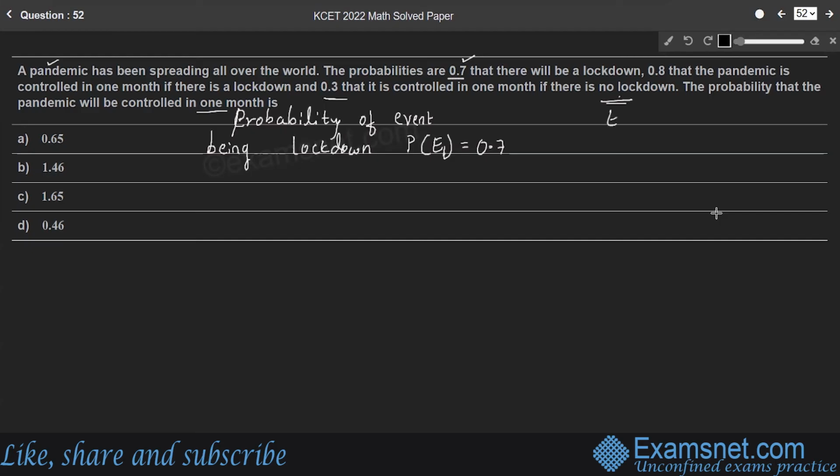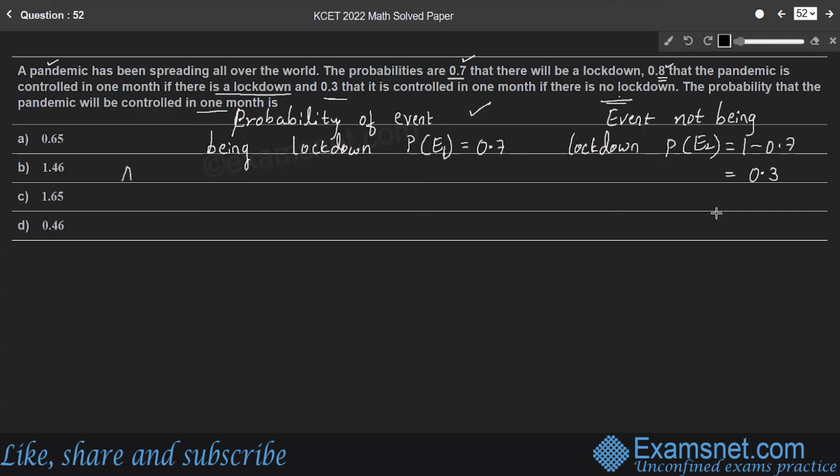So the second event, P of E2, is 1 minus 0.7, which is 0.3, right? And it is given that the probability is 0.8 that the pandemic is controlled in 1 month if there is lockdown. If there is lockdown means 0.7, right? So the probability that the pandemic can be controlled is 0.8.